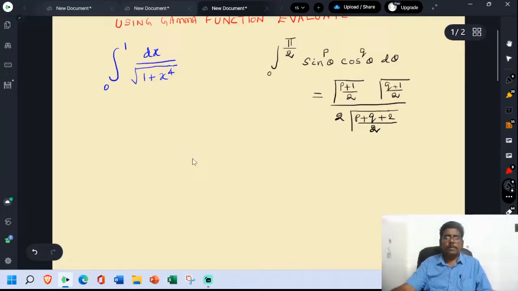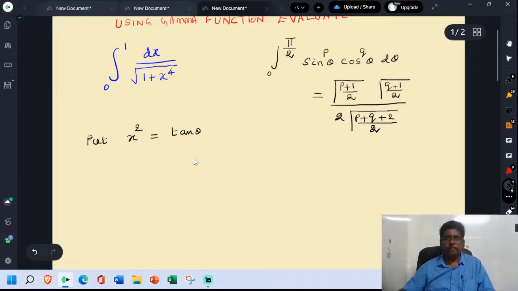For that, put the value of x square equal to tan theta. Therefore, x equal to tan power half theta.